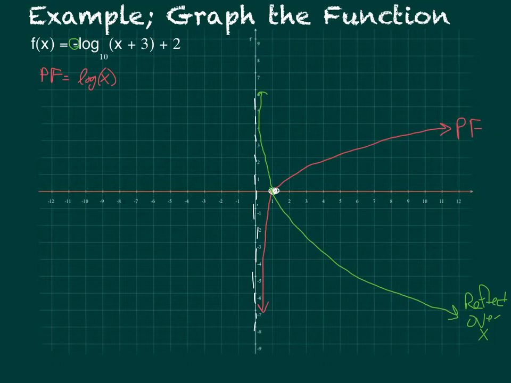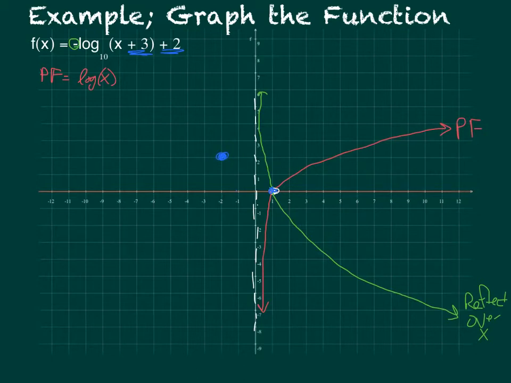The only other things we have to do are move it plus 3, which would be left 3, and plus 2 on the outside, up 2. So I'm going to move my point (1, 0), because it didn't change, left 3, 1, 2, 3, and up 2. So that is my point.